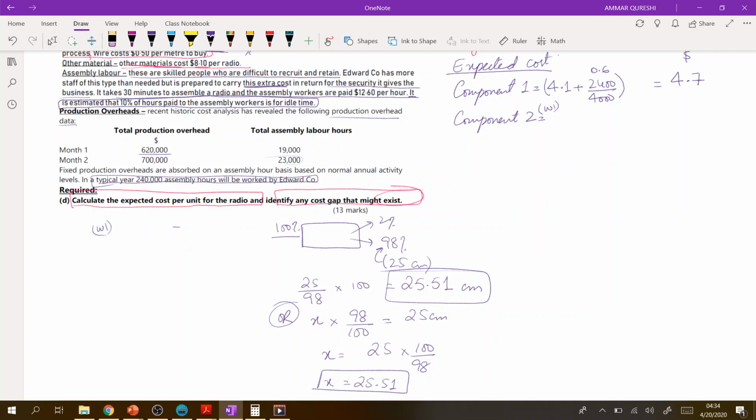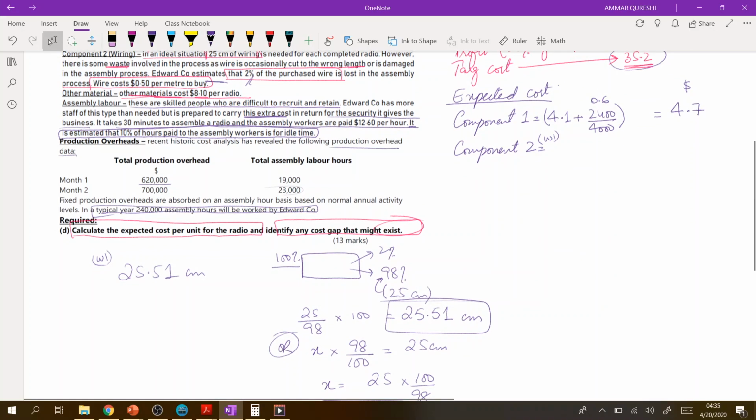Instead, you will be needing 25.51 centimeters, right? And what is the cost? The cost is $0.5 per meter to buy. Shall we multiply this directly? No, there is a problem. 0.5 is for 1 meter.